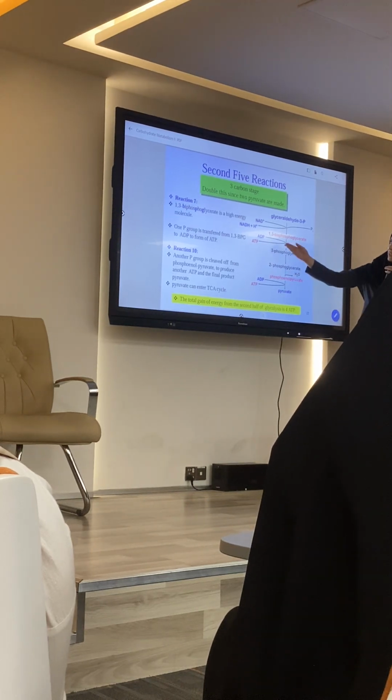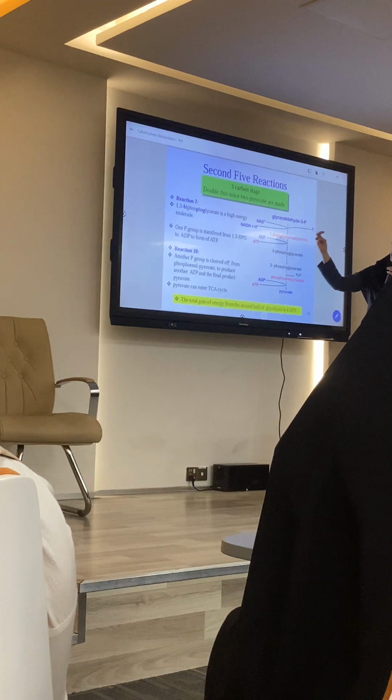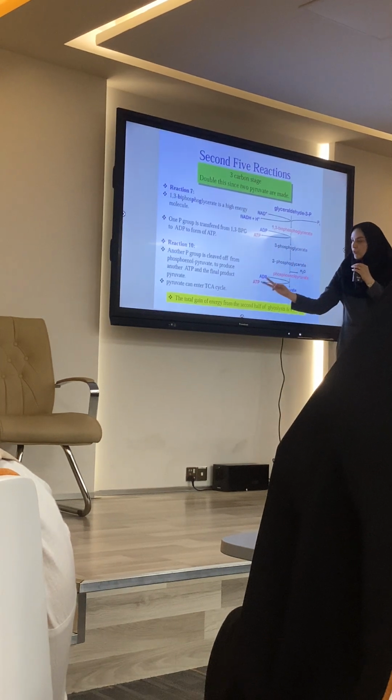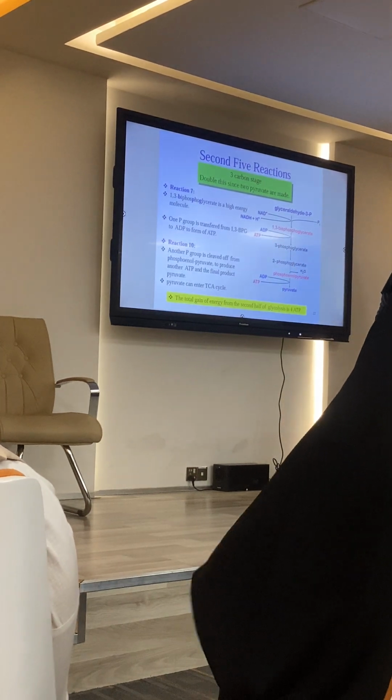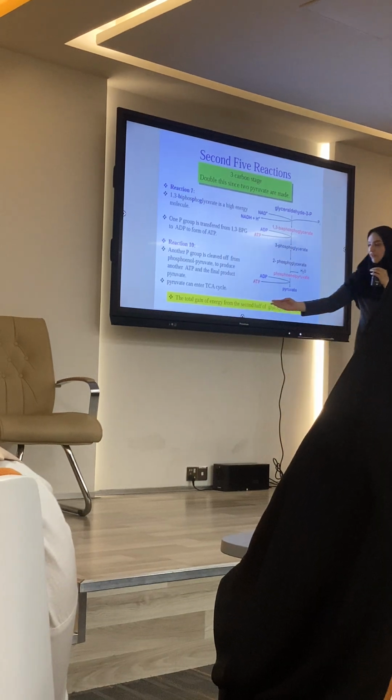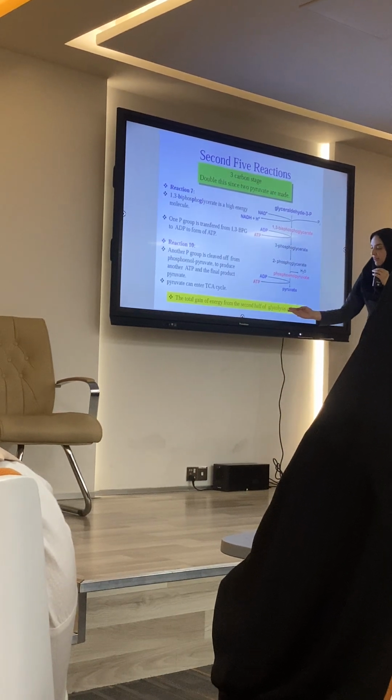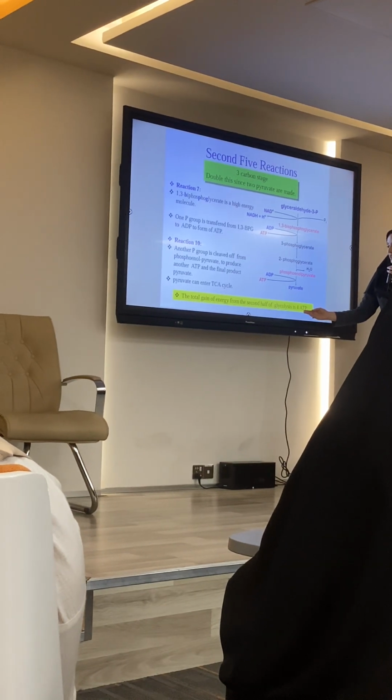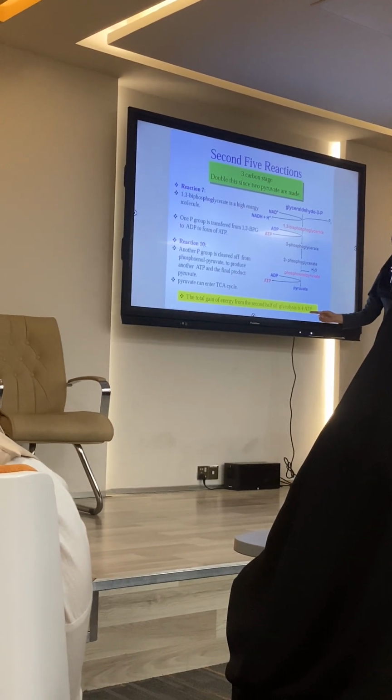So they produce ATP, as I mentioned, because we have 2 glyceraldehyde, 2 ATP here, 2 ATP here. The total gain of energy from the second half of glycolysis is 4 ATP.